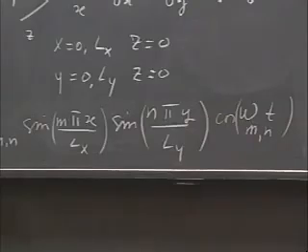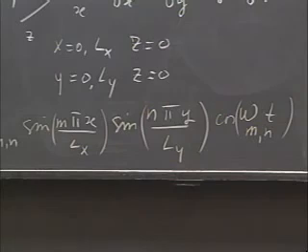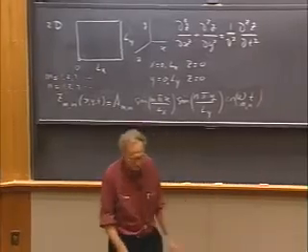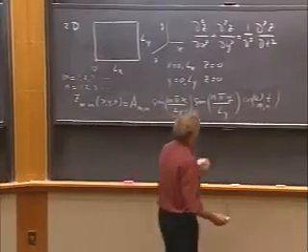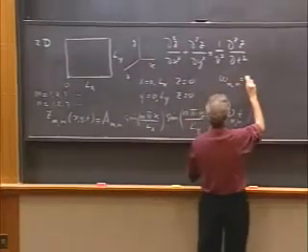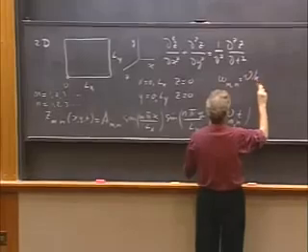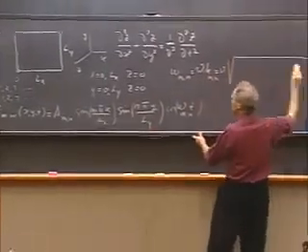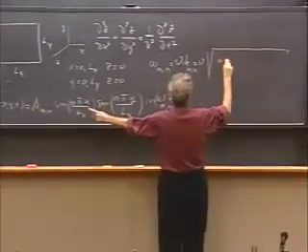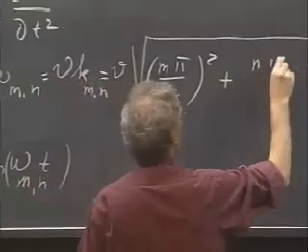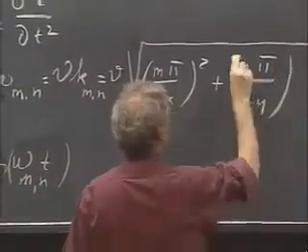And if you substitute this solution, of which we clearly, intuitively know it has to be correct, in that wave equation, then you get the connection between the k values and omega, and then you will find that omega mn, which is always the velocity times the k value, becomes now v times the square root of (m pi divided by Lx) squared plus (n pi divided by Ly) squared.